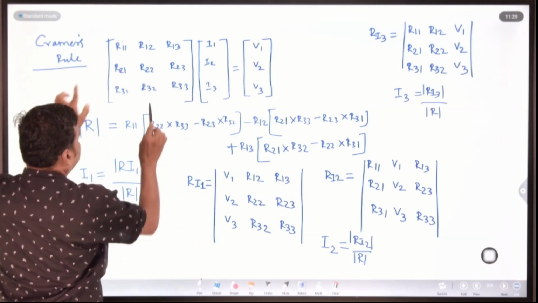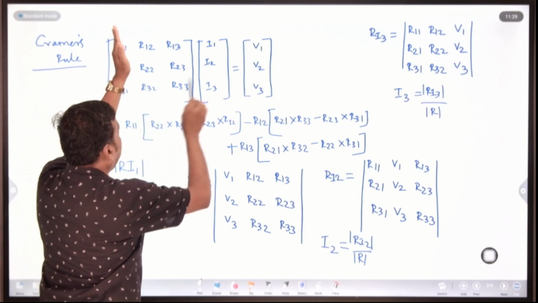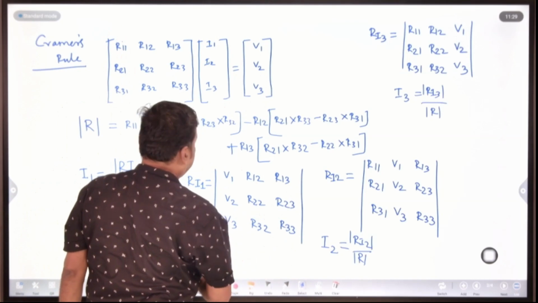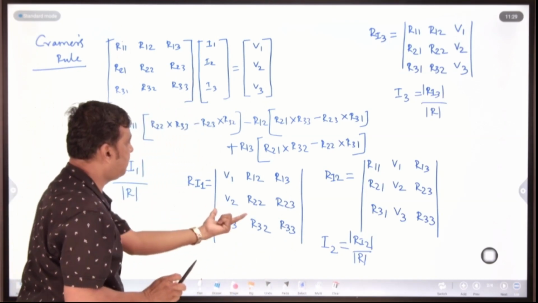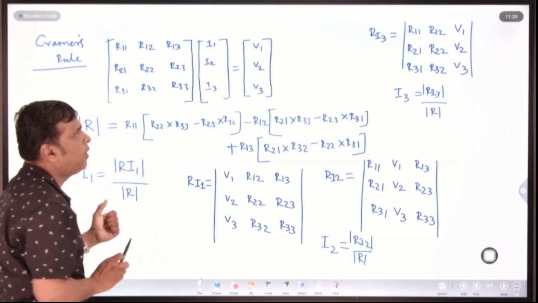This is your R I1. R I1 means closing the first column and considering V1, V2, V3 and the other 2 columns. If you divide this value by the resistance determinant R, you will get the value of I1.